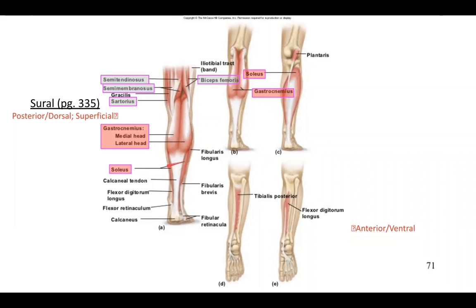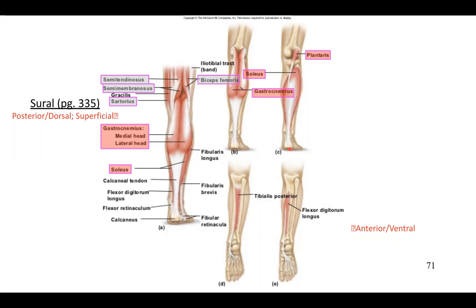The soleus, which is anterior to it, is also part of your calf. And then the plantaris, which you can also kind of consider to be a part of your calf, because they all form the Achilles tendon down here, which will attach to the calcaneus.